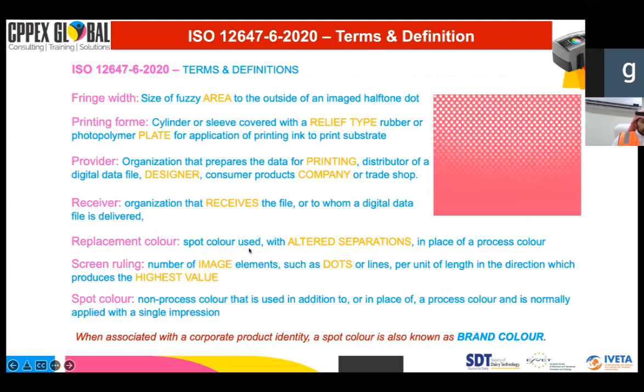If a spot color is not used, then alternate separations, the screen ruling, and then spot color, whether it's a single spot color ink or created from a CMYK build, and how it's specified. Even though there are spot colors in offset printing and gravure, it's in flexography and packaging where we really pay special attention.